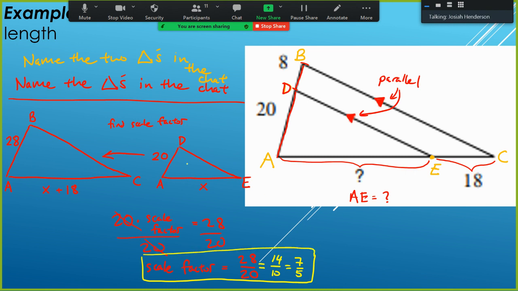So that means I can multiply any side on the small triangle by 7/5, and it'll equal the comparable side on the large triangle.